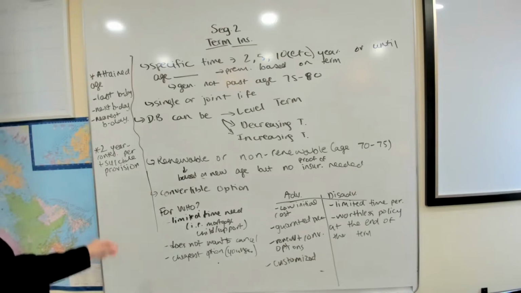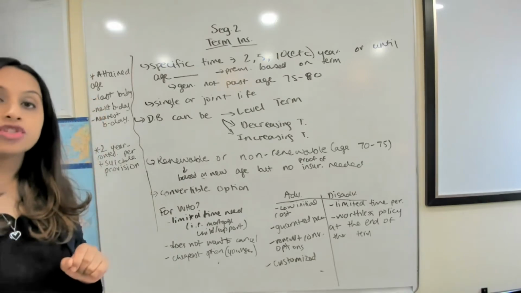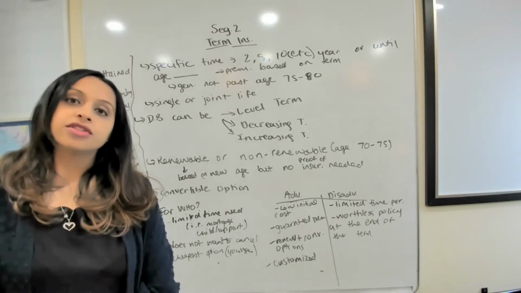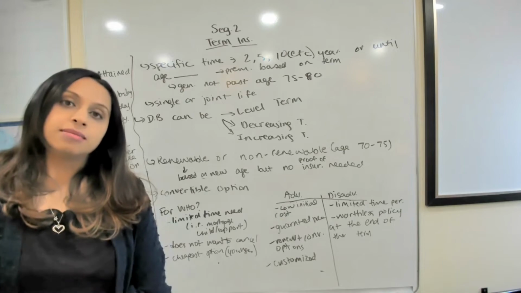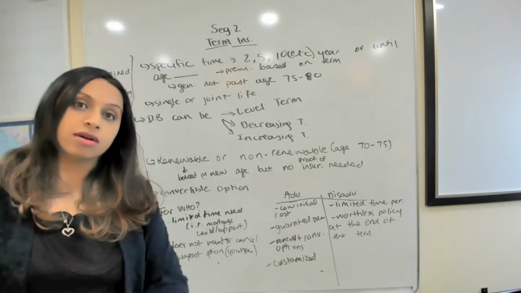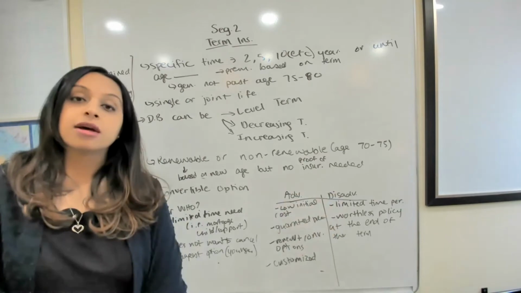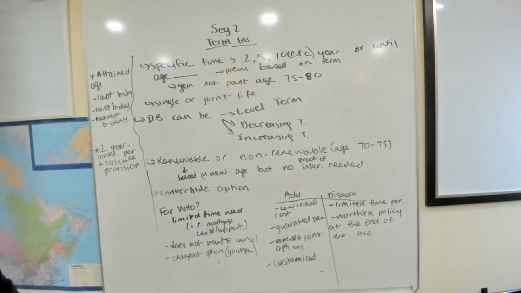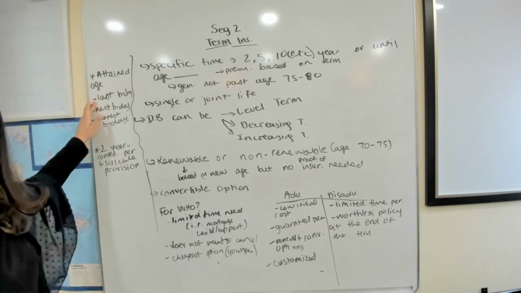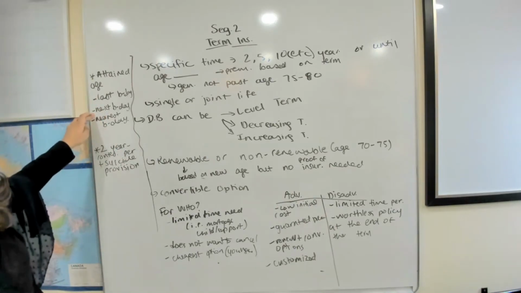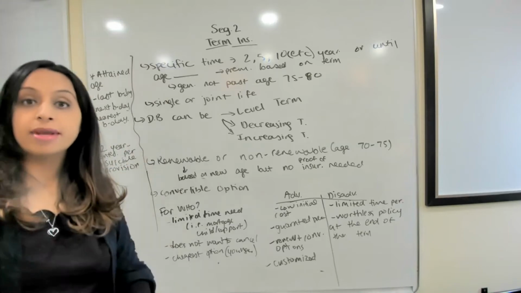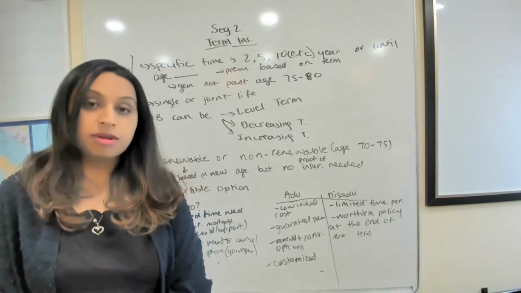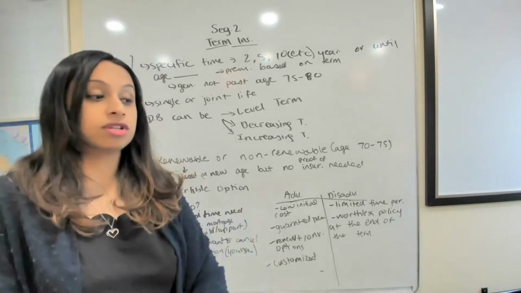So attained age can be based on your last birthday. So if, let's say, the person is 25 now, they turned 24 10 months ago. So even though they're almost going to be 26, the insurance company says the attained age is going to be based on your last birthday. So however old you were on your last birthday. It can be based on your next birthday, right? So the upcoming birthday. So even though your birthday might be 10 months away, if they say it's going to be based on your next birthday, that's what it's going to be based on.